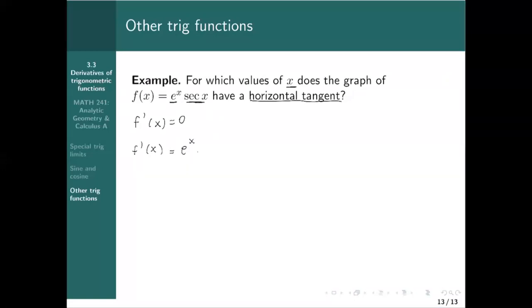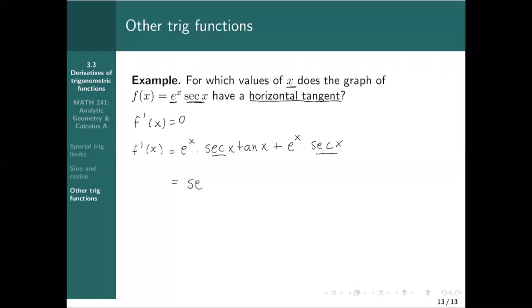So derivative of secant is secant times tangent. And now we differentiate the first term, while derivative of e to the x is e to the x itself. And we leave the second term as it is. So secant of x. We have secant of x in the first term. We have secant of x in the second term.